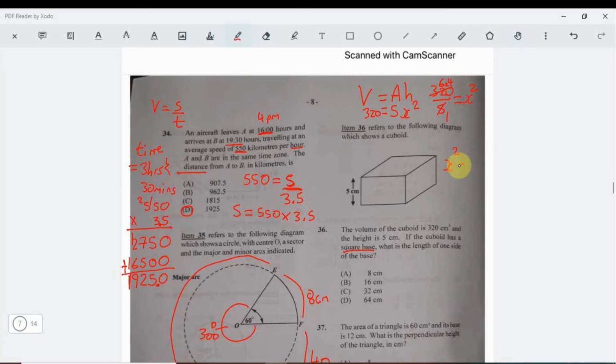So x squared equals 64. We square root both sides, so x is the square root of 64, which is 8. In other words, the length of one side of the base is 8 centimeters. Wow! Nice.